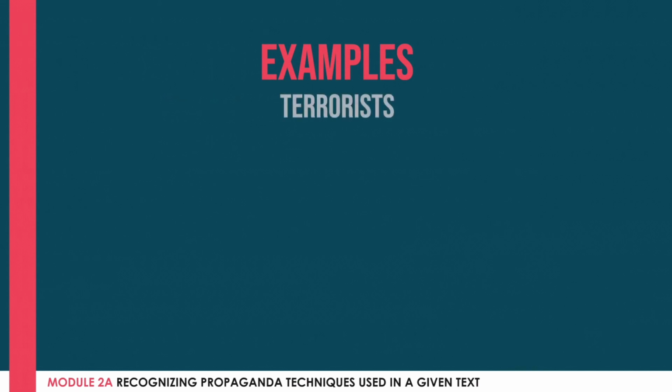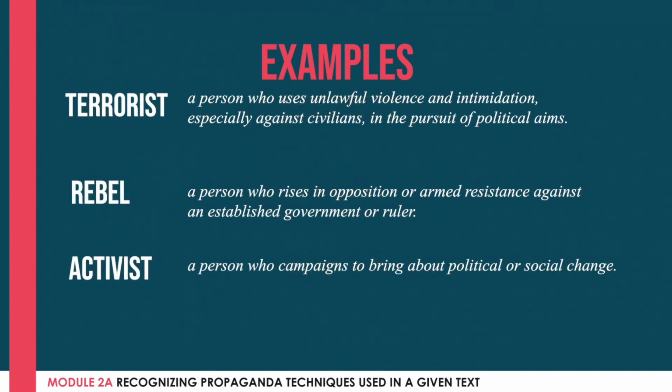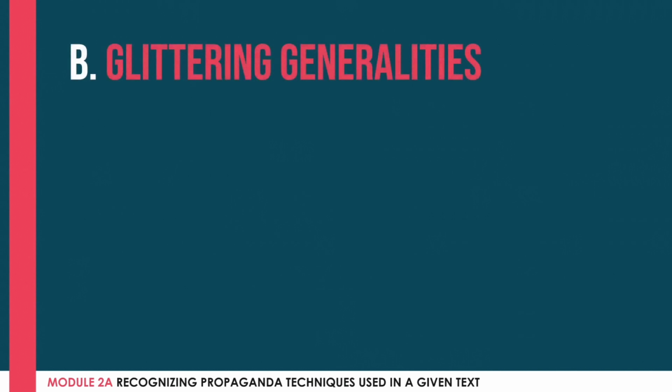Examples: terrorists, rebels, activists. These labels are used by some politicians to address their rivals. In addition, these are proven to be effective in strengthening the support of the people who already support them. B. Glittering generalities.